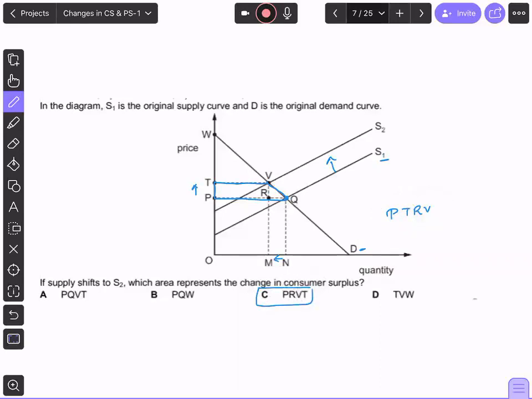PRVT ये वाला होगा C. सही है? नहीं RV सॉरी Q होगा. ये तो Q होगा. PTVQ. So this is by mistake. It should be A. हाँ C नहीं होगा. It should be PVQT.